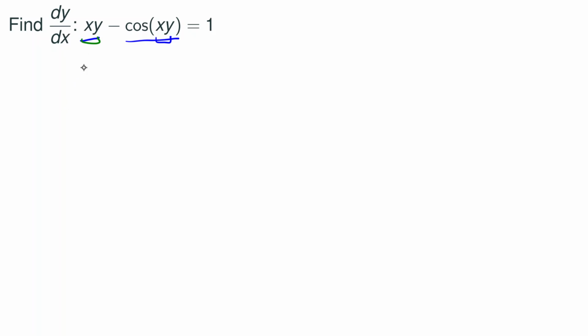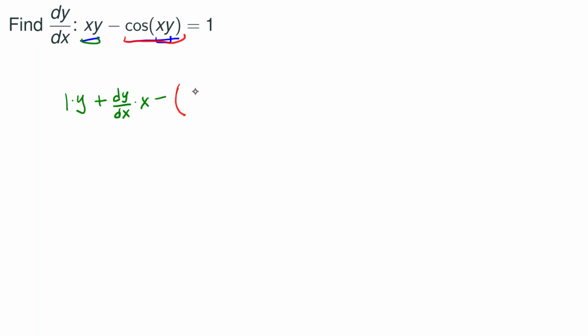Derivative of xy is: derivative of x is 1 times y, plus derivative of y is dy dx times x, minus, let's take the derivative of cosine xy. So let's keep the parentheses.